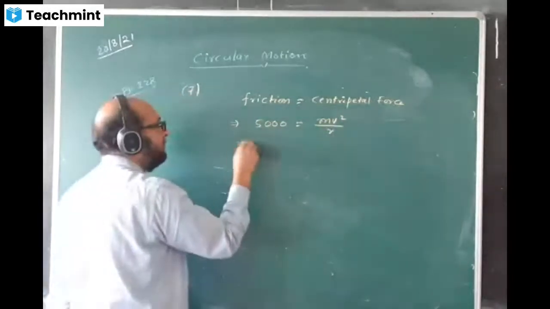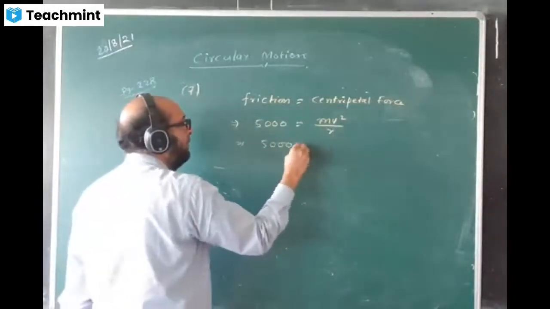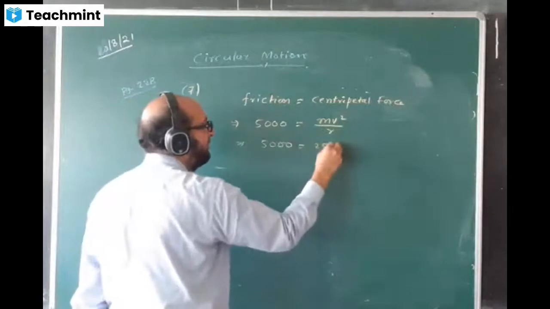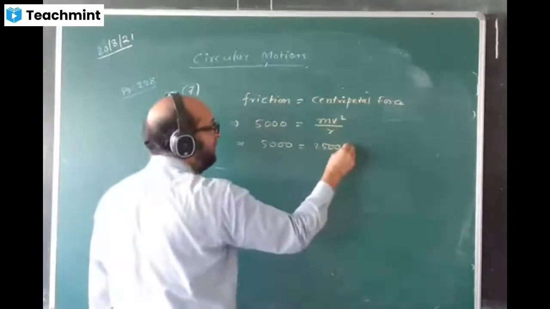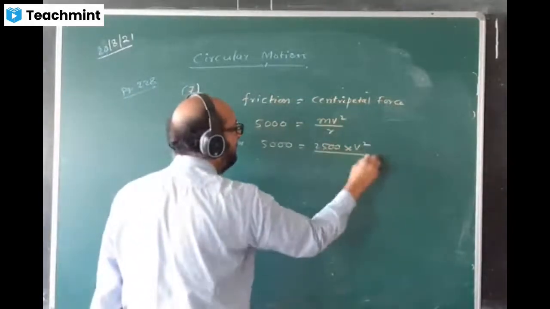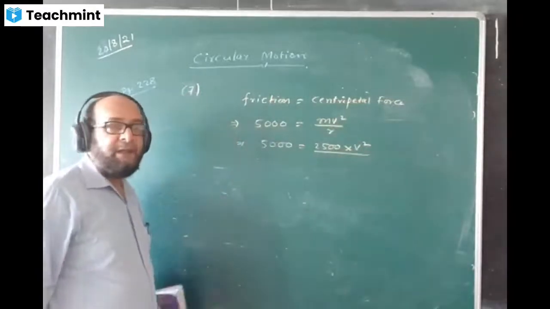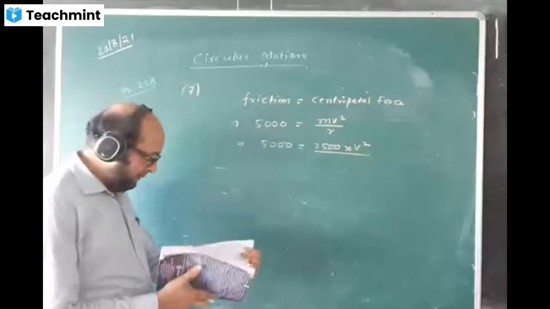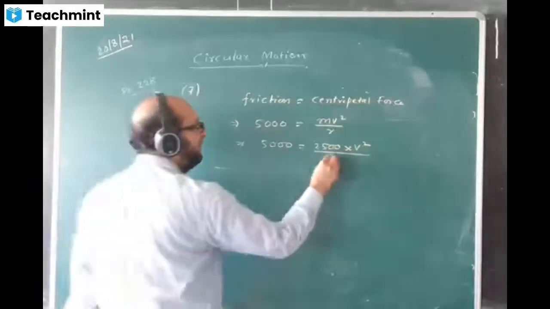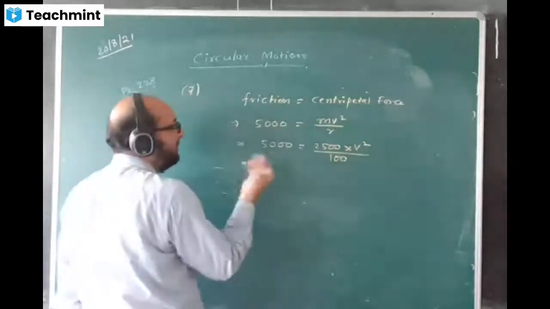Very simple problem. Mass of the car is given as 2500. This velocity we have to find, that is the maximum velocity the car should have while taking a curve. What is the radius of the path? 100 meters.